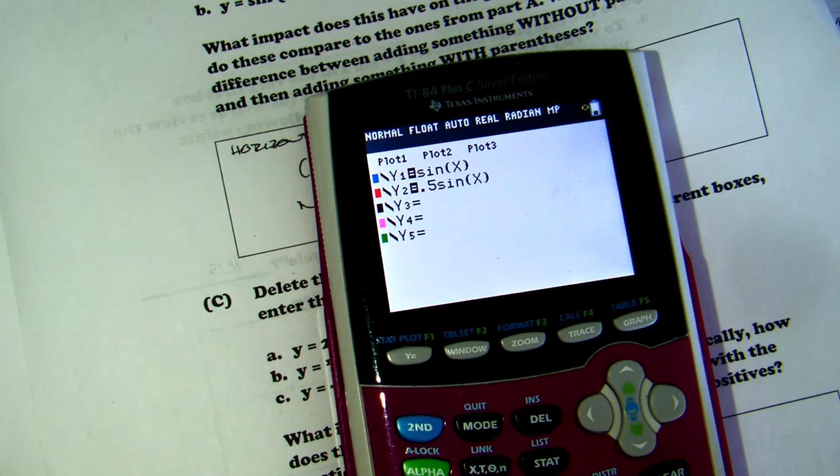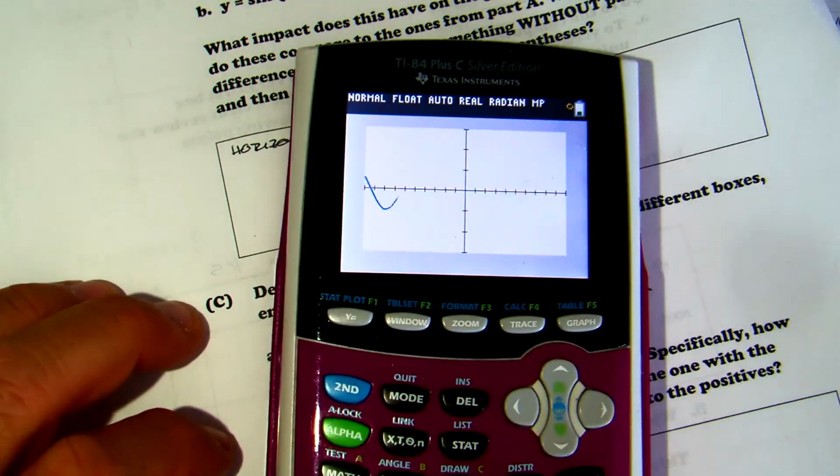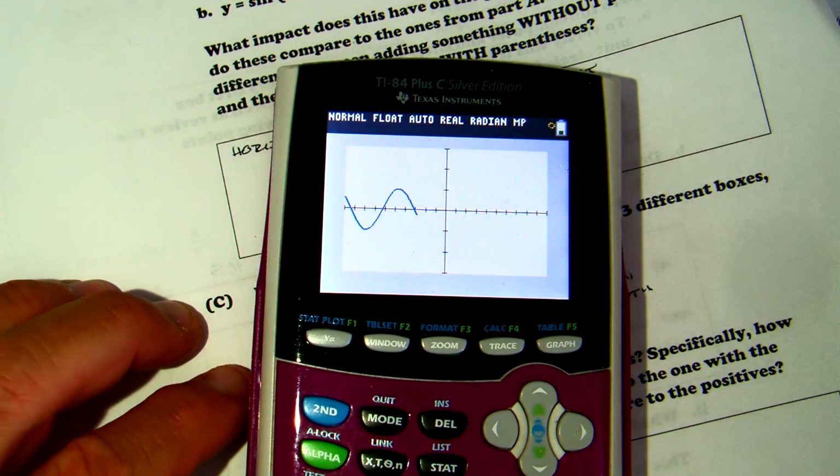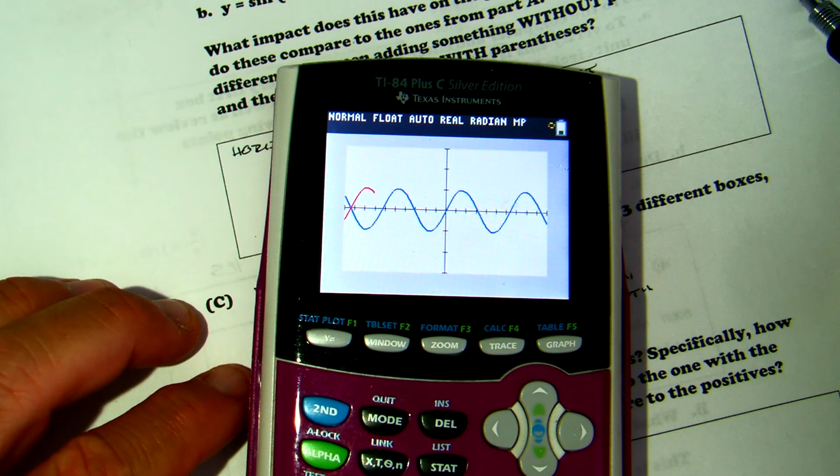Now when we do negative sine x, I'm going to graph them both. And then there's negative sine x.